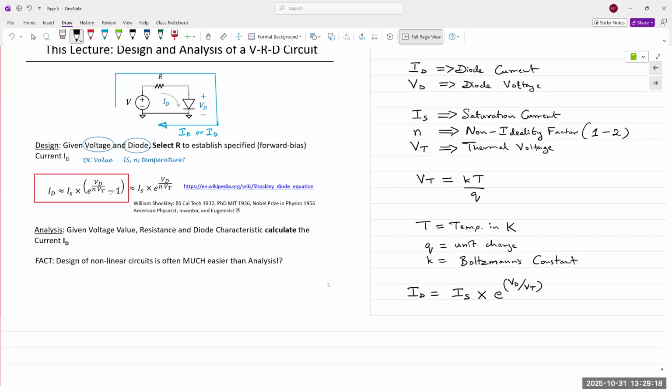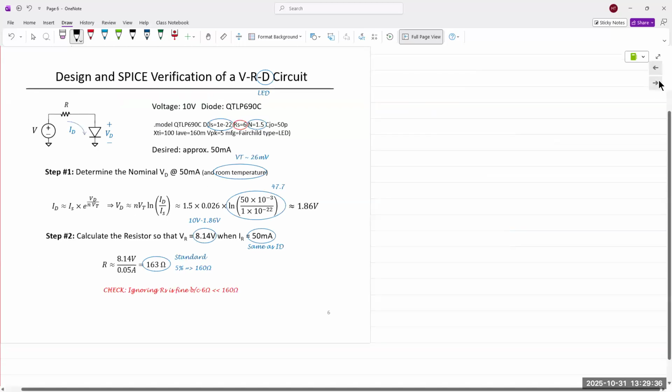So the question is, if you are given the voltage value, the resistance and the diode characteristic, calculate and determine ID. So let's just do that.